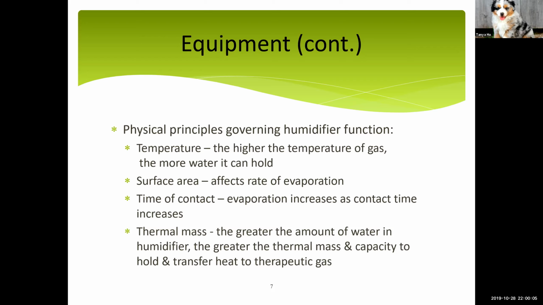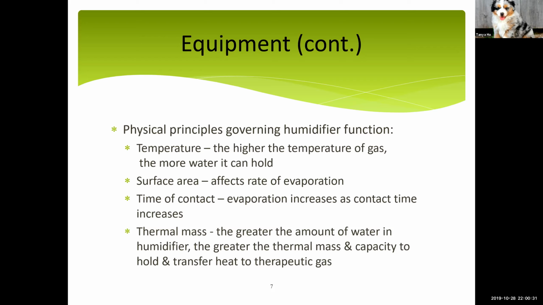Okay, so in terms of the humidifier function, how do you improve humidity or add more humidity to a patient? So you can do temperature, surface area, time of contact, or thermal mass. Okay, these are the things that govern the function or the effectiveness of a humidifier. So in terms of temperature, the higher the temperature of the gas, the more water it can hold.